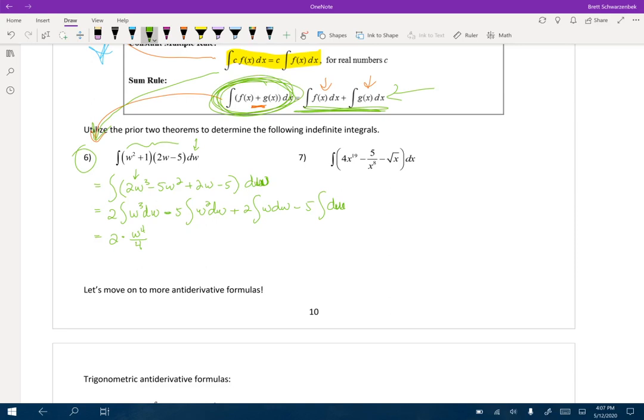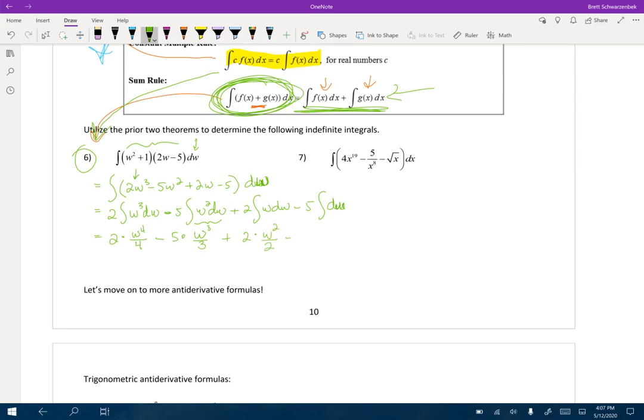We do not need to write a plus c after every individual term, because all we need is a plus c at the end to take care of the one type of constant that could come at the end. So we just move on. What about the antiderivative of w squared? Add 1 to the exponent, and then copy the exponent underneath. Again, the 2 stays put. Add 1 to the exponent, 2 underneath.